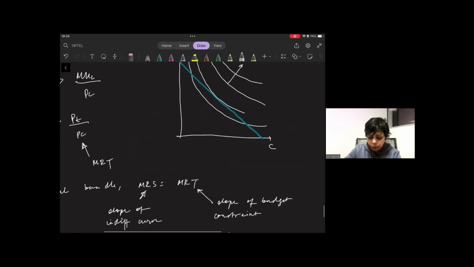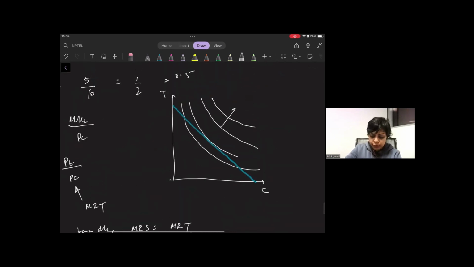In this diagram, my utility is increasing in this direction. At this point, I'm at some level of utility. If increasing coffee and or tea is increasing my utility, I will continue until I reach this point. I would like to reach these points also, but the problem is they are not within my budget.